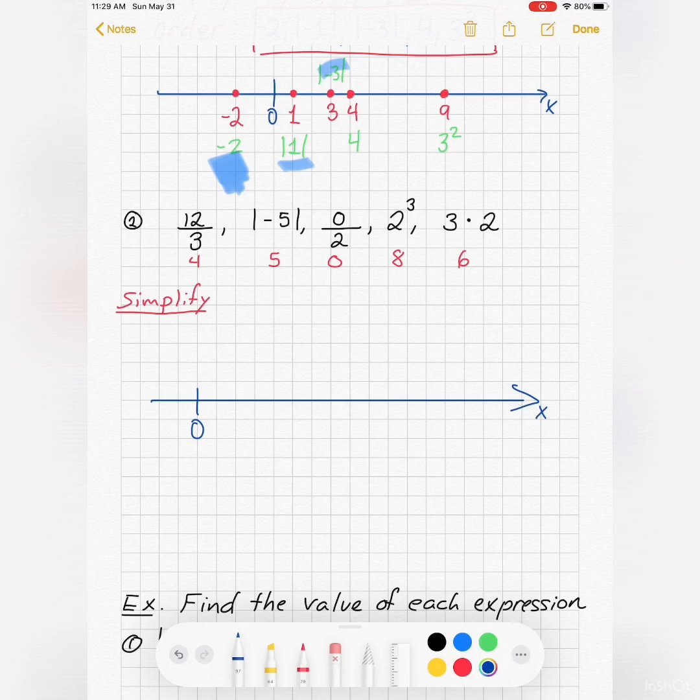Well, I need to find 4. 1, 2, 3, 4. But instead of writing 4, let's write that as 12 divided by 3. Then what about absolute value of negative 5? That was 5. So where is that? 5 is here.